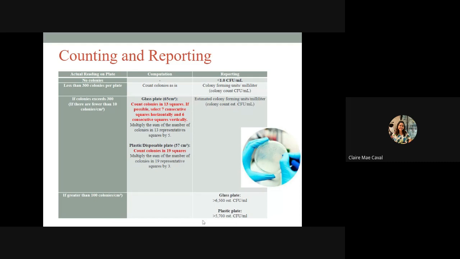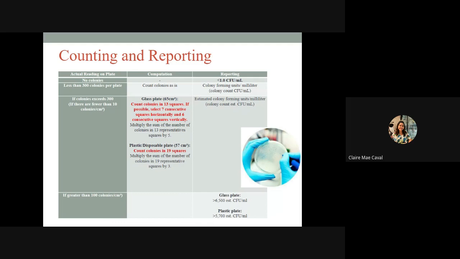So if confluent yung growth, class, or it will be very difficult to count, report greater than 6,500 EST or estimate colony forming unit per ml for a glass plate. For plastic plate, greater than 5,700 EST. So there are different ways again of counting using glass plate and plastic disposable petri dishes.